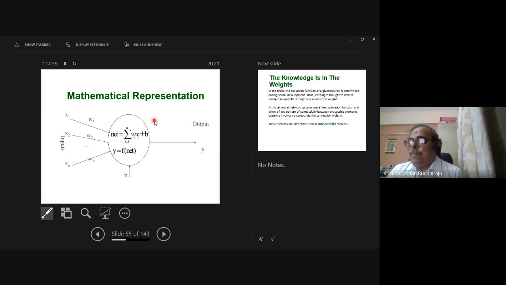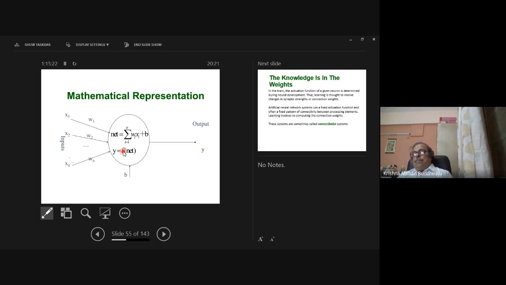So this is the mathematical representation of what we have seen. Inputs, multiplying factors. They get collected in the central area called the nucleus, and this quantity passes through a nonlinear function. A threshold function is also a nonlinear function. So if net exceeds some limit, then output is 1, otherwise output is 0.